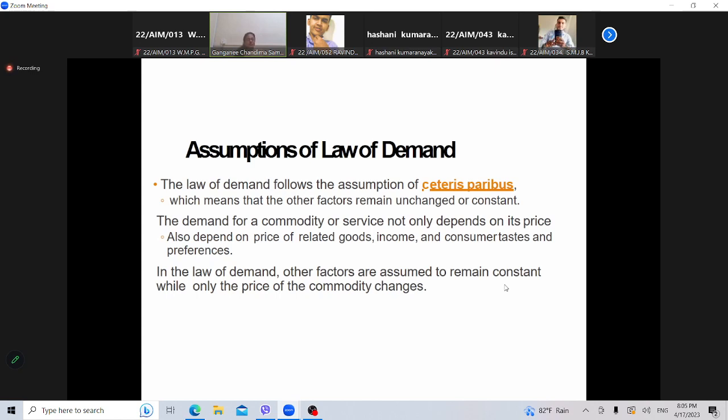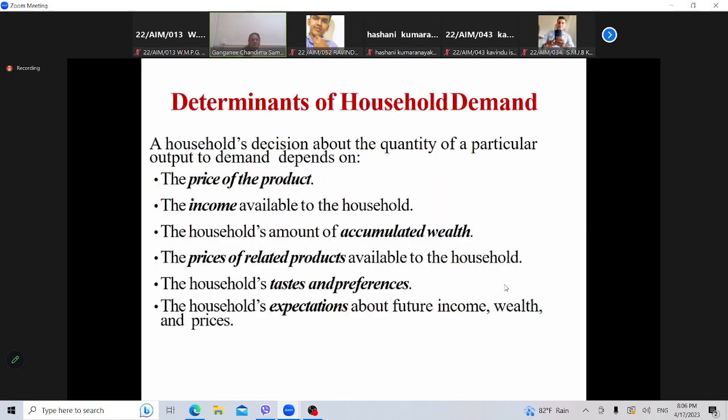But here we assume the demand for a commodity depends only on its price. First, we keep all factors unchanged, but it's not true. Second, we think only price is changing, but it's not true. So in the law of demand, other factors are assumed to remain constant, while only the price of the commodity changes. Okay, we are assuming that.